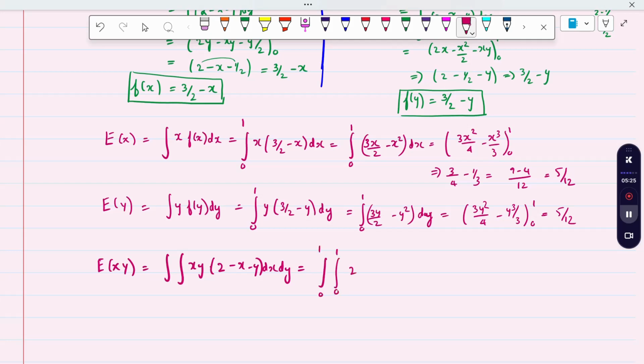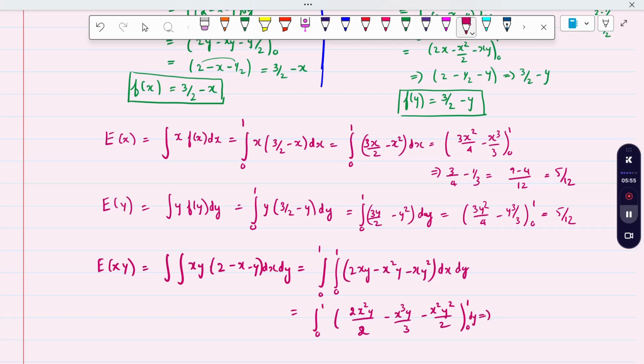So I will multiply x and y inside. Now integrate with respect to x first, then y. Any order, it's our wish. So it is 0 to 1. With respect to x first I will do it, and dy as it is.